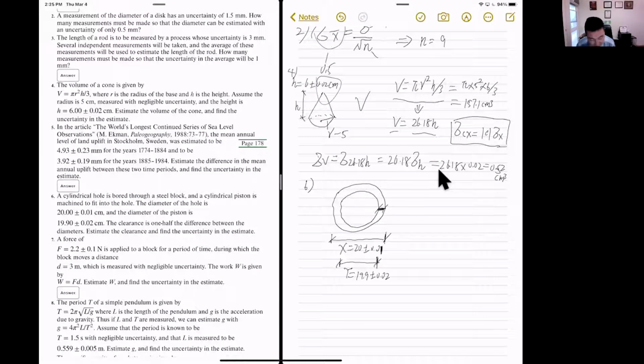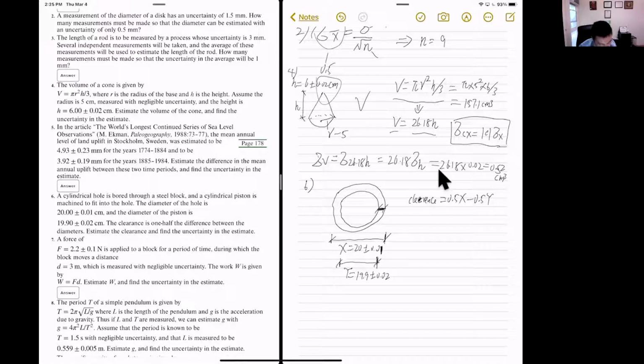Okay, so that's what this question tells about. So clearance is equal to 0.5x minus 0.5y. Okay.